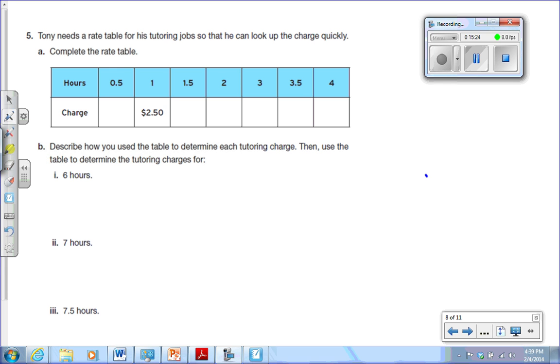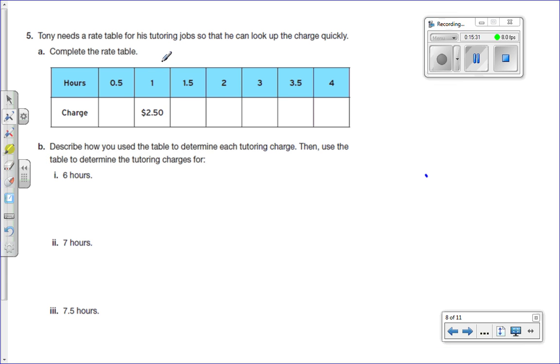Problem 5. Tony needs a rate table for his tutoring job so that he can look up the charge quickly. Complete the rate table. Well, this right here gives you the unit rate. From there, you can scale up to find however many hours you'd like to know. So for instance, if we went from 1 to 1.5, we would just have to take 1 times 1.5 to get 1.5.